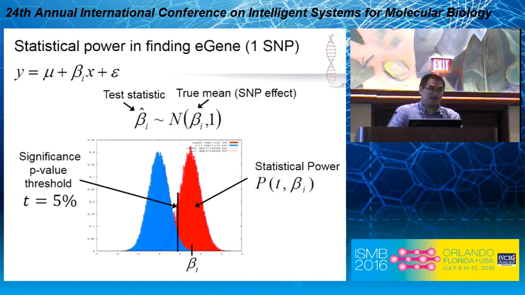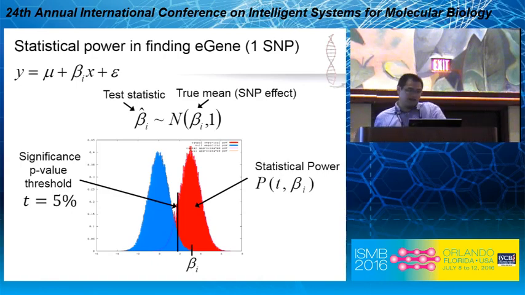Let's consider the simplest case where you have only one SNP. Recall you are fitting this linear model when you are trying to find the SNP effects, which is beta i. When you fit this linear model, you get an estimate beta hat, which is normally distributed with some mean beta. Here I'm using the variance to be 1.